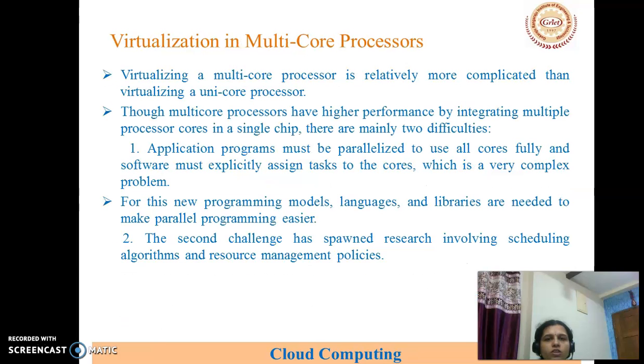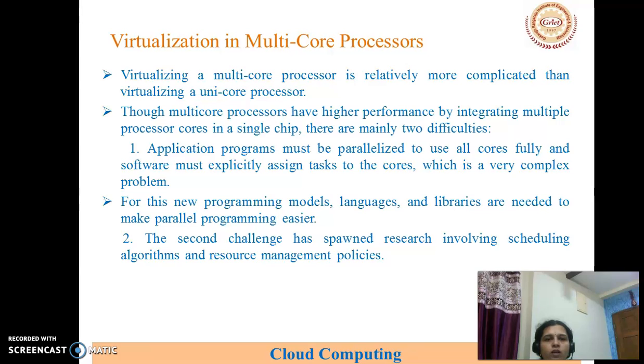Next, virtualization in multi-core processors. Virtualizing a multi-core processor is relatively more complicated than virtualizing a unicore processor. Though multi-core processors have higher performance by integrating multiple processor cores in a single chip, there are mainly two difficulties.